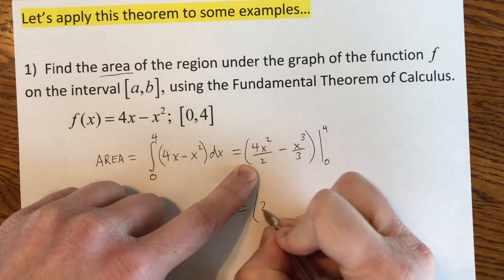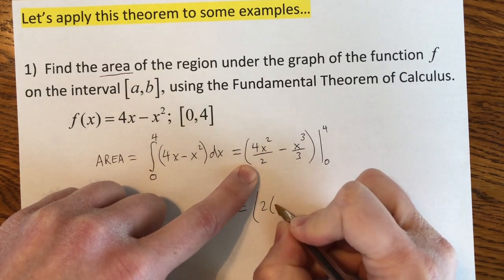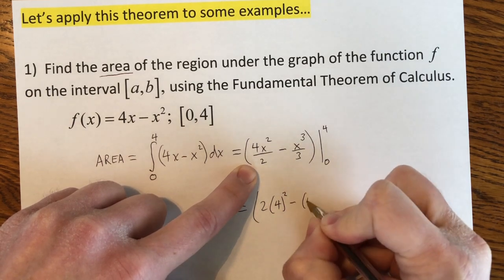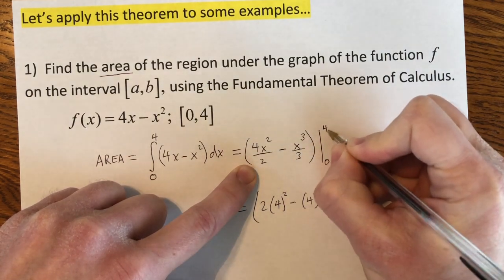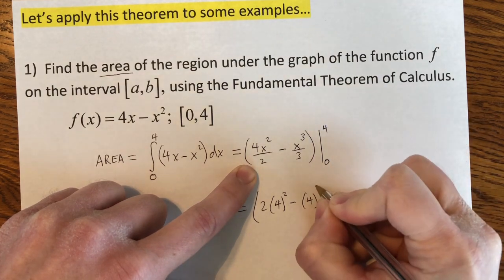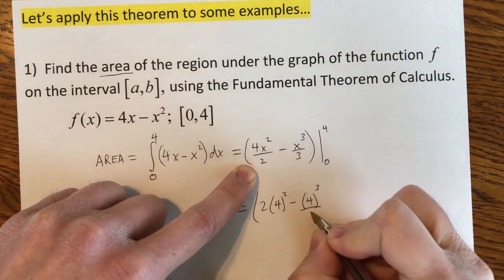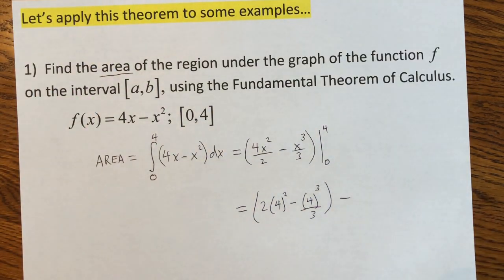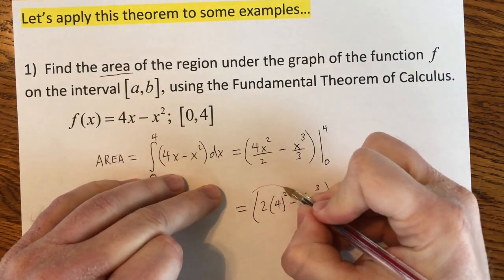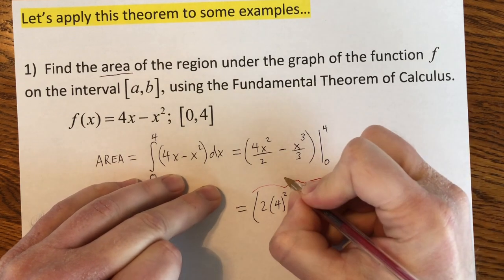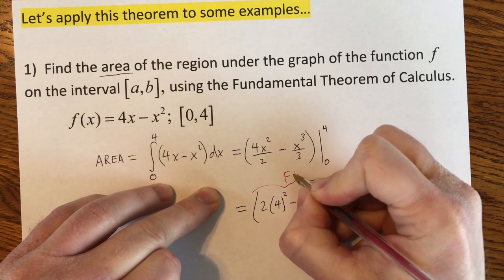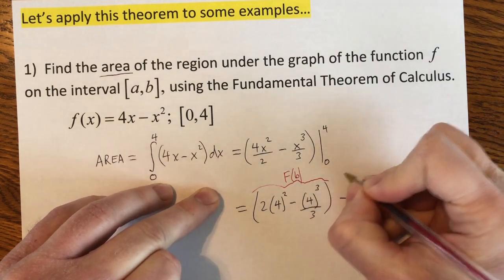4 over 2, 2. Now, everywhere I see an x, I'm going to be replacing it with my upper limit of integration. So it looks like this. So what we've actually done here in this part is determine the value of F of b. Very good, everybody.